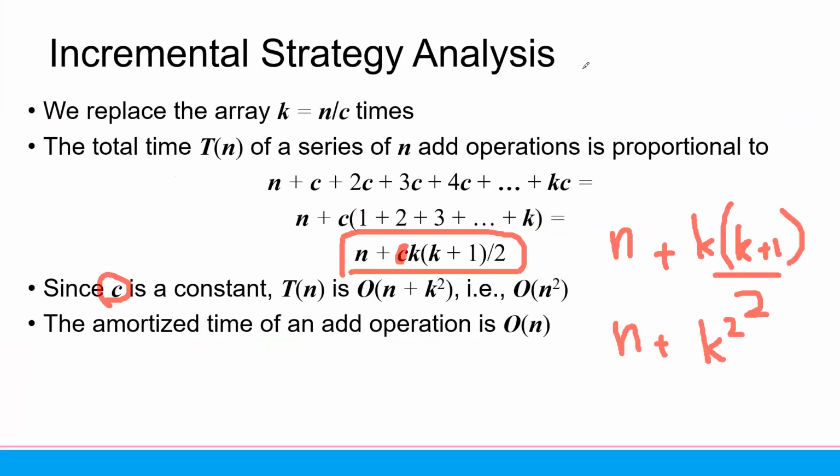It means k times (k plus 1) equals k power of 2 plus k. If we want to do the big O notation, we can select the higher order and remove the lower order, so we don't need the lower order. Then the operation will take n plus k power of 2.